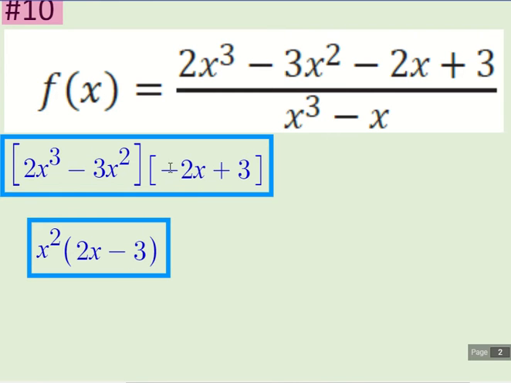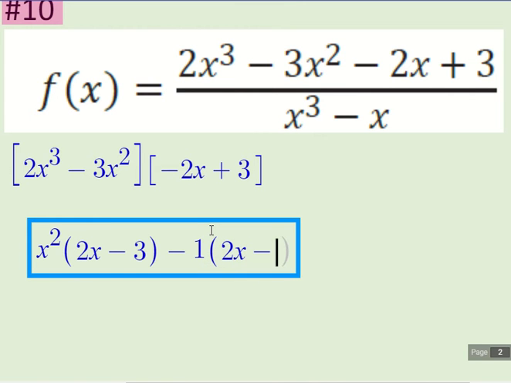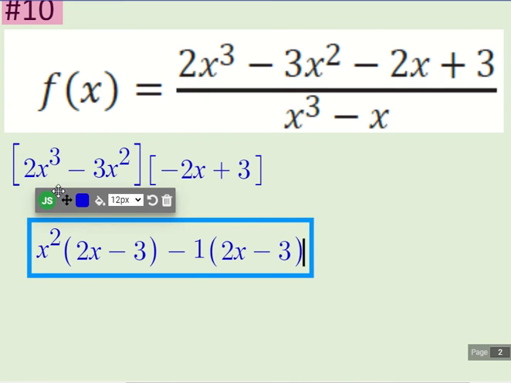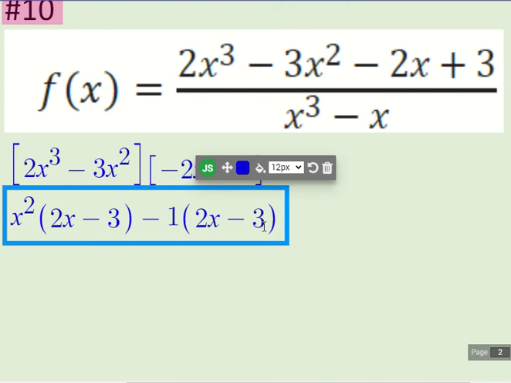Now over here for this grouping, I'm actually going to take out a negative 1. So we actually change the signs and I get 2x minus 3. Now, this is fundamental for when you factor by grouping. If the two expressions inside parentheses are the same, then you know you did everything right.